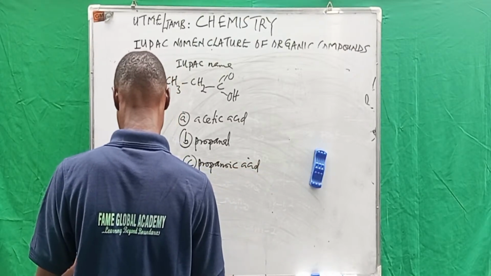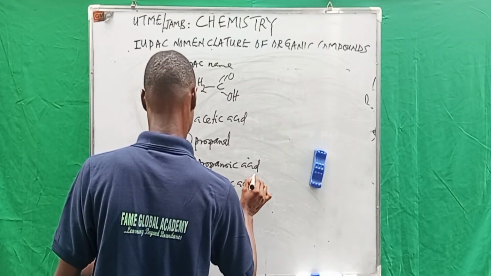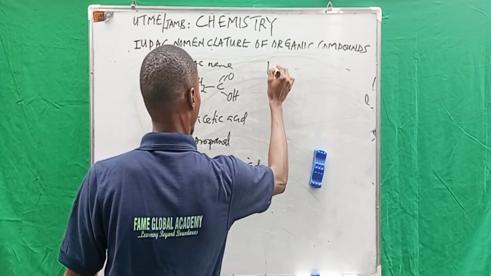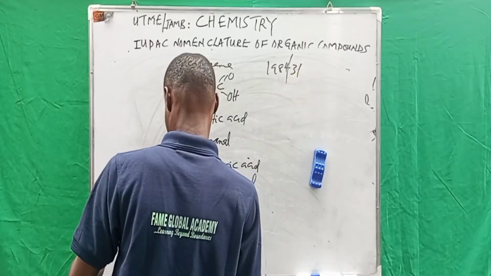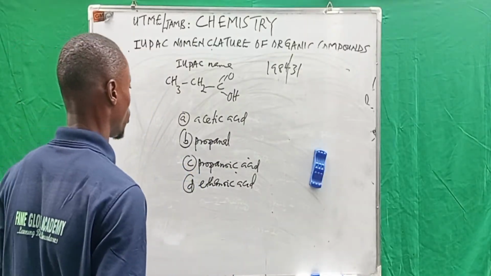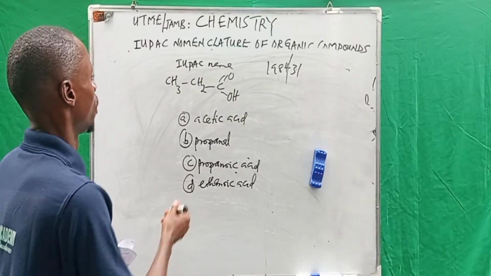Then D, we have ethanoic acid. All right, we have a question on the board that says, give the IUPAC name of the structure above.